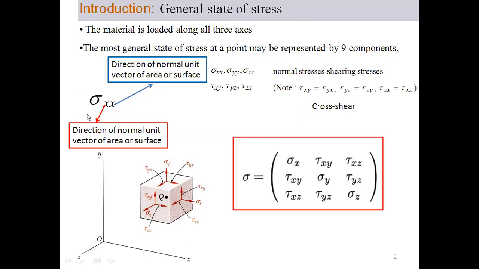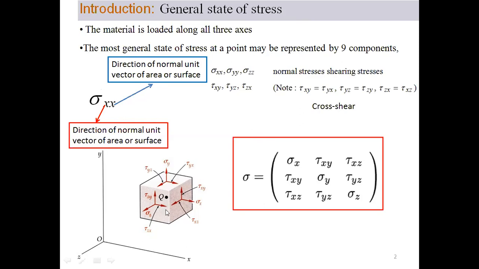And the general notation that we use for stress is sigma xx. We use the subscript, and in the subscript you see 2 notations. The first subscript represents the direction of the normal unit vector of the area or surface.